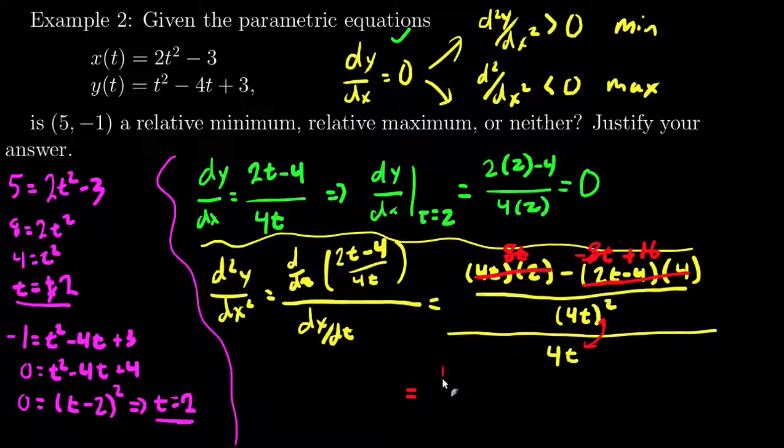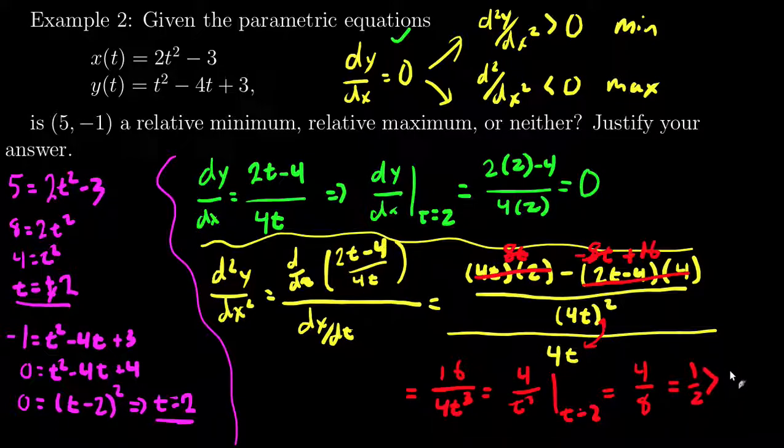So I get 16 divided by 4t cubed, which is 4 over t cubed, and evaluate that when t is 2, well, that's going to be 4/8, which is 1/2, or more importantly, it is greater than 0, which means we have a minimum. Justification: because the first derivative is 0, second derivative is positive.